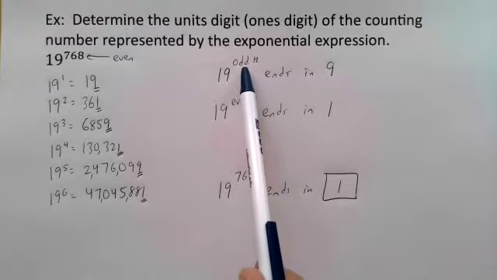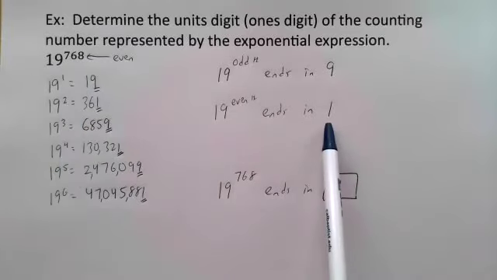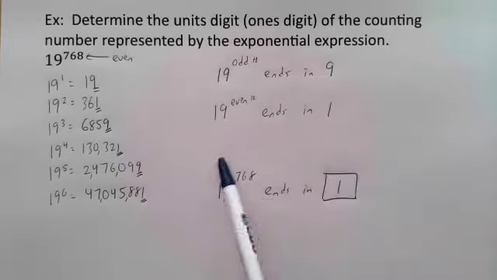And also, it depends on if the power is odd or even. That's an even power. It should follow all the other even powers, and it should end in a 1. That's our answer based off of the pattern that we see.